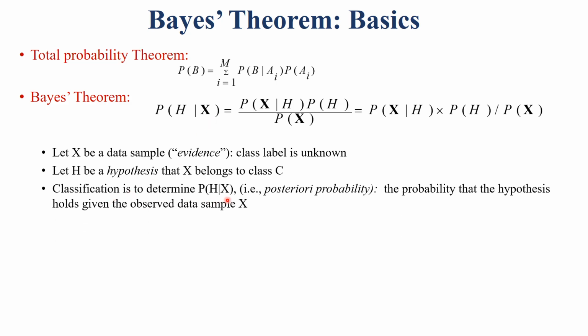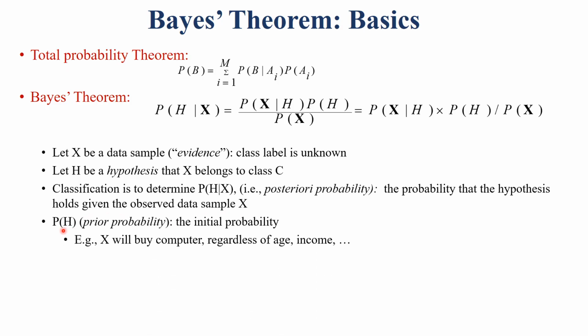The classification is to find probability of H given X, that is the posteriori probability, the probability that the hypothesis holds given the observed data sample X. P of H is the prior probability, which is the initial probability. For example, X will buy a computer regardless of his age, income, and status. P of X is the probability that the sample data is observed.